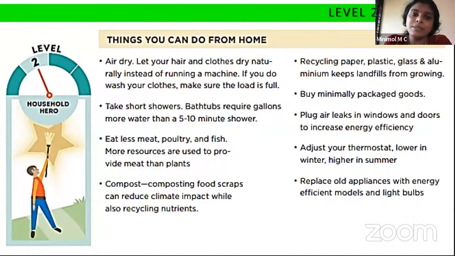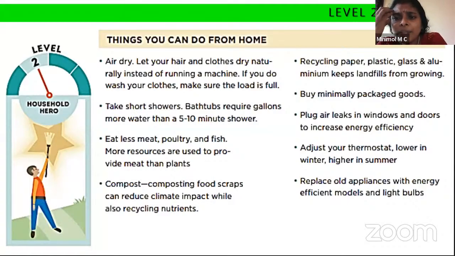Composting your food scraps can reduce climate impact while also recycling nutrients. You can tell your mother, you can tell your father, or you can tell the people at your home to compost the food waste, not to throw it outside. You can go for recycling of paper, plastic, glass, aluminum.